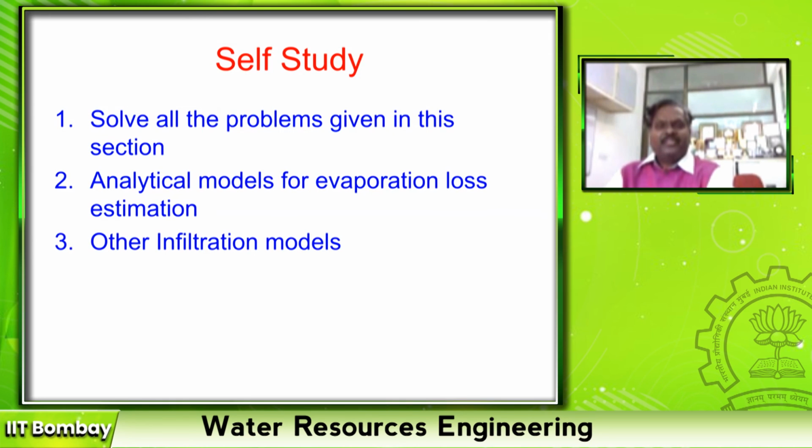Okay, so some self-study in this topic is to solve all the problems given in this section. You can read the analytical models. I have told about heat energy exchange models and several other evaporation models as well as infiltration models, especially the Philip two-term model.